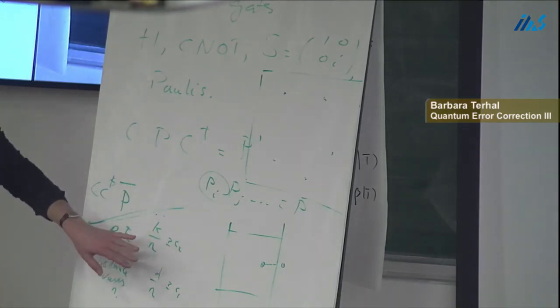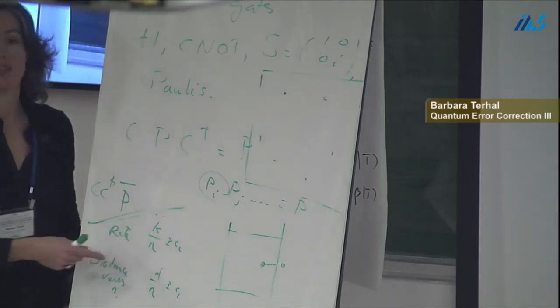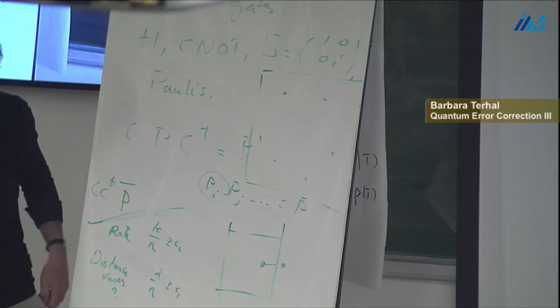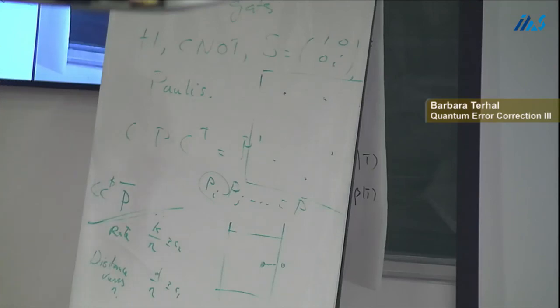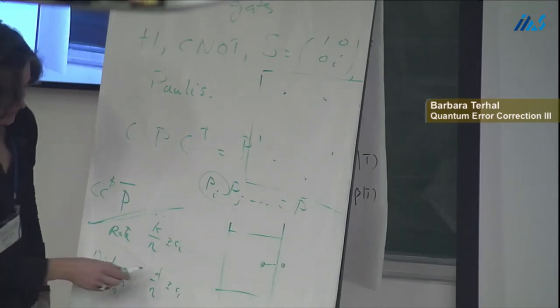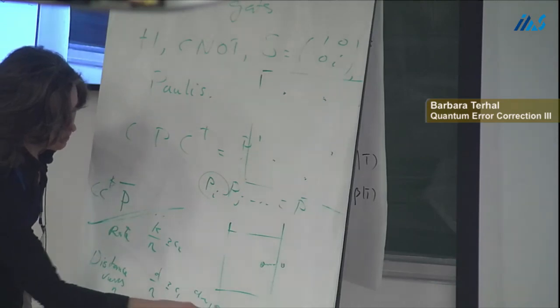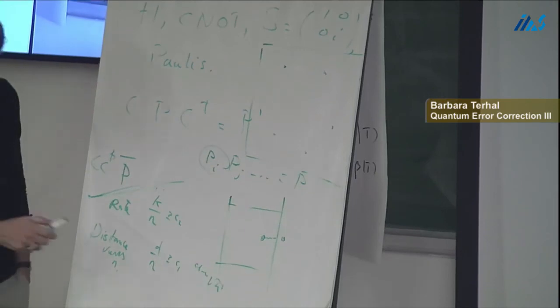Such codes exist classically. They're LDPC codes, and they even have very efficient decoders. And we don't know whether such codes exist quantumly. In particular, what we see for many codes is that the distance scales at most like the square root of the block size. But I also said the distance is not everything, so you have to be cautious.